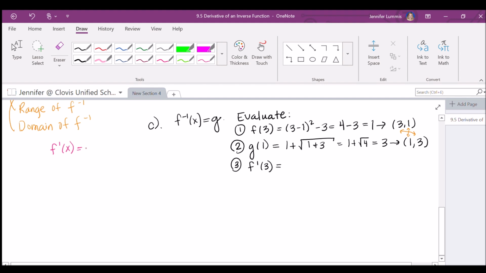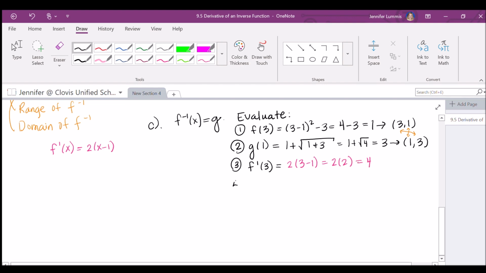So we bring down 2 times x minus 1 to the first power. Chain rule gives us a derivative of 1, and the derivative of negative 3 is 0. So this is the derivative of f. If we evaluate this when x is 3, we have 2 times 3 minus 1, or 2 times 2, which is 4.